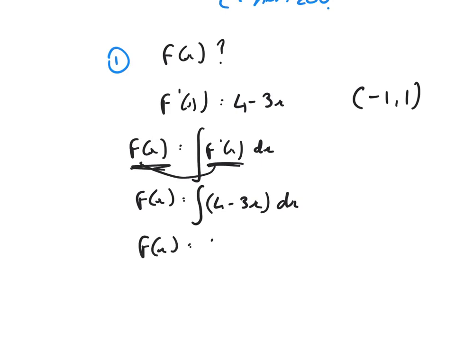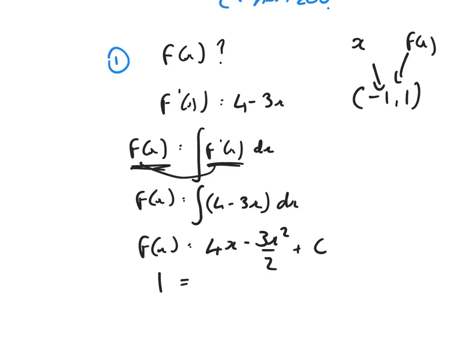Okay, so integrate 4, that will give me 4x, and that will be minus 3x squared over 2 plus the constant of integration. Okay, so what I know now is that when the x coordinate is minus 1, I'll get the y coordinate of 1, so I can now sub that in.